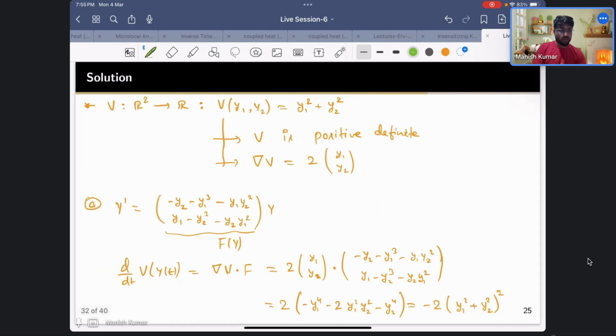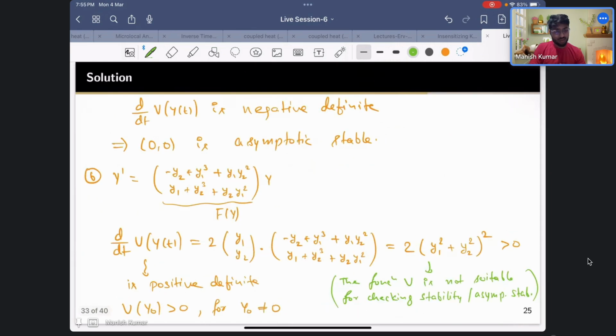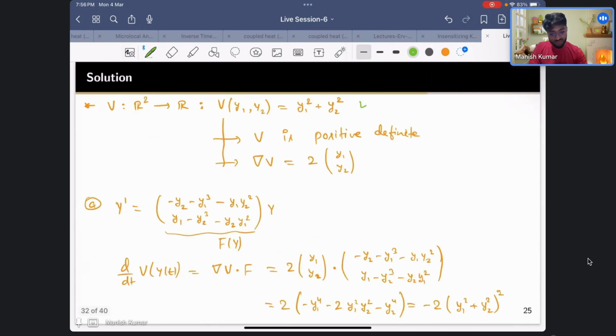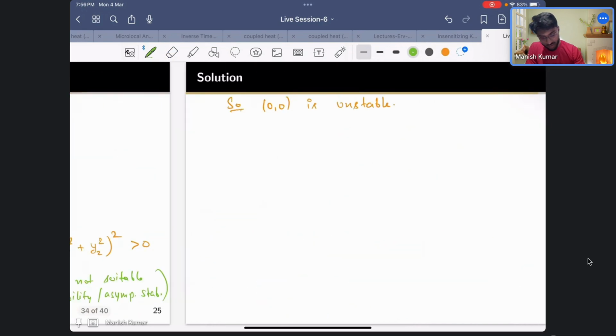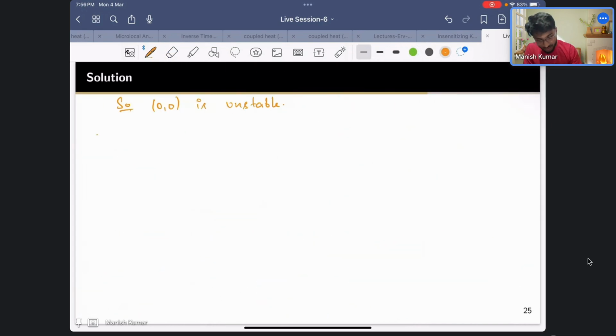Whatever V you choose, if it satisfies the proper condition, you can draw the conclusion; otherwise this theory would not be meaningful at all. So just don't think that this is a particular choice of V that I have made. You can choose another functional as well, and you can draw conclusions.